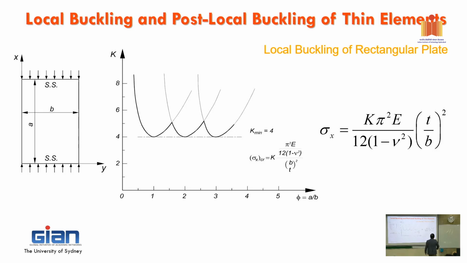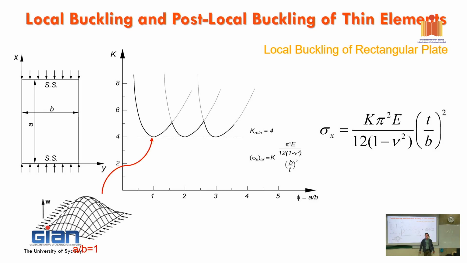Okay. So depending on the ratio between A and B, the length and the width. Let's get started with the square, where A on B is 1.